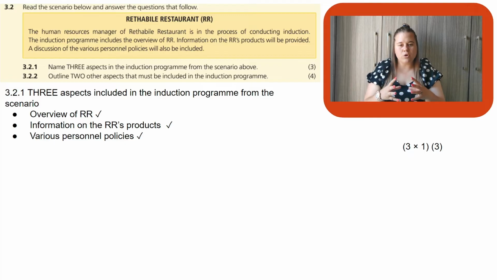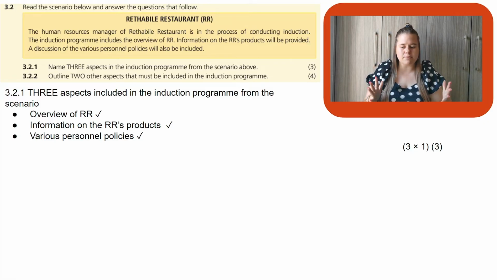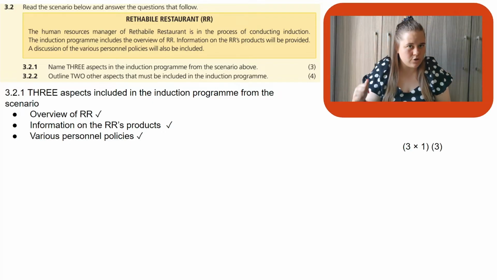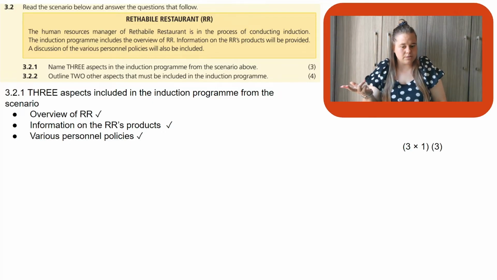The time when you'll be quoting is when we use the words motivate or quote. Then you are quoting from the text. Because I've seen it still far too many times, like in this question. Some students may read it because it's from the case study that they need to quote. No. I'm just merely stating name 3 aspects, but see which 3 are used within the scenario. I hope that makes sense.